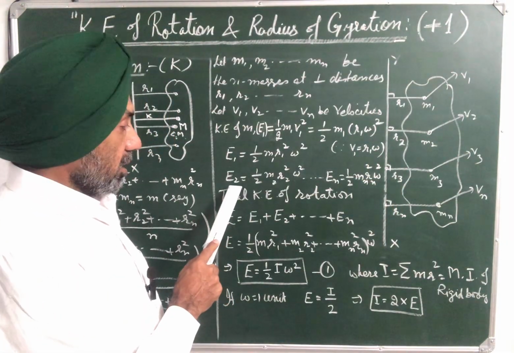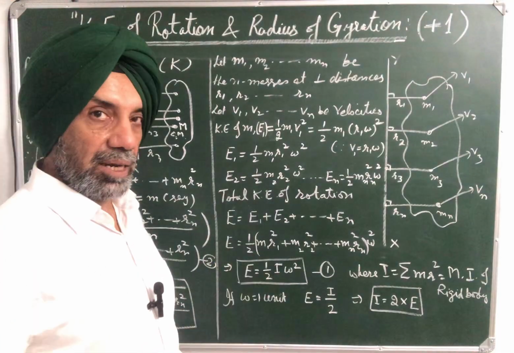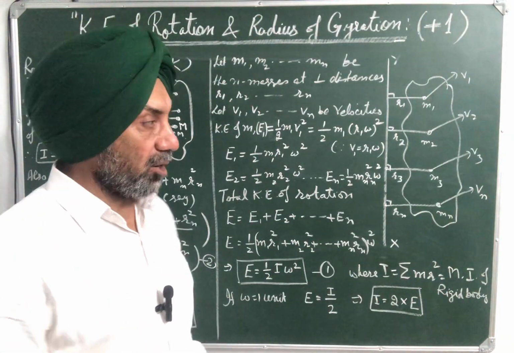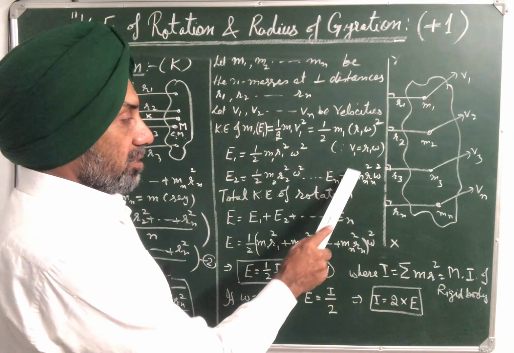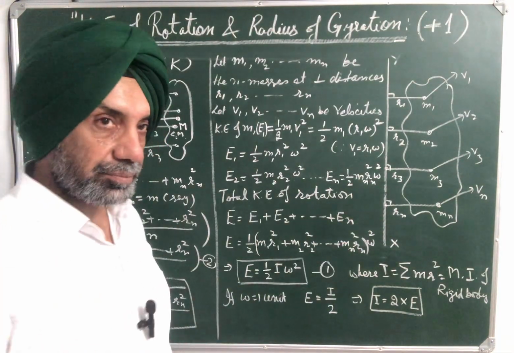Similarly, kinetic energy of mass m2 is half m2 r2 square omega square and so on. Kinetic energy of rotation of particle of mass mn will be En is equal to half mn rn square omega square.